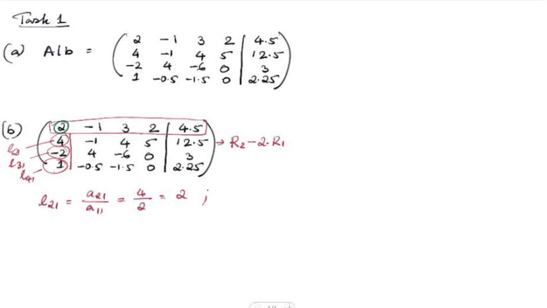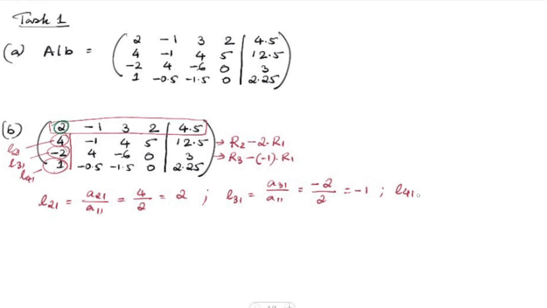Now let's find the value for L31. L31 will be A31 divided by A11. A31 is minus 2 and A11 is 2, so that's minus 1. So the row operation for the third row will be row 3 minus L31, which is minus 1, times the frozen row, which is row 1. And then we'll find the value for L41.